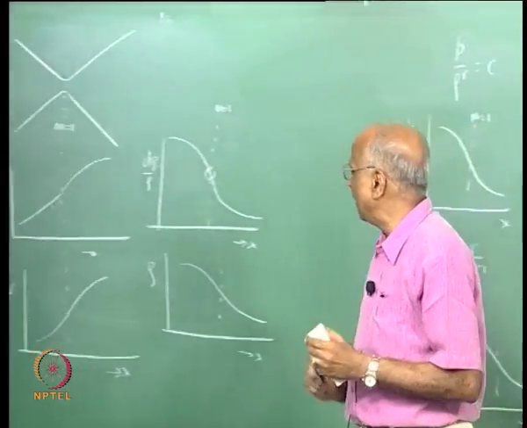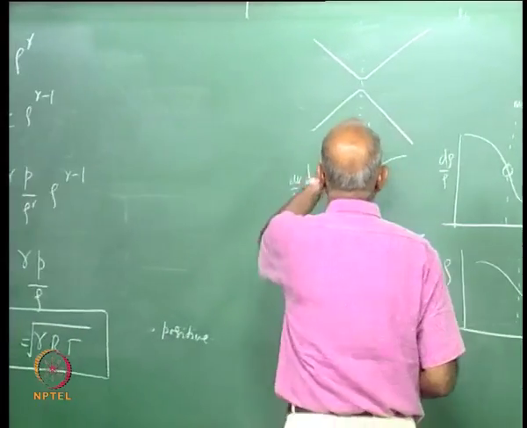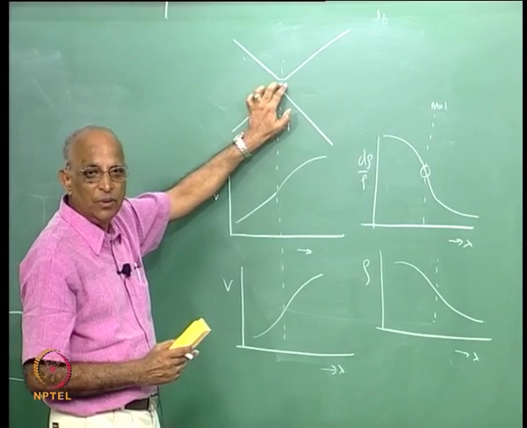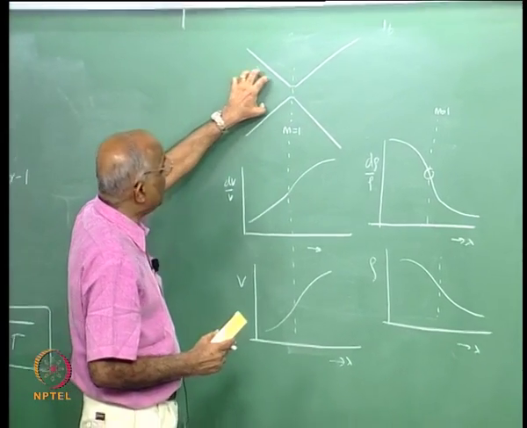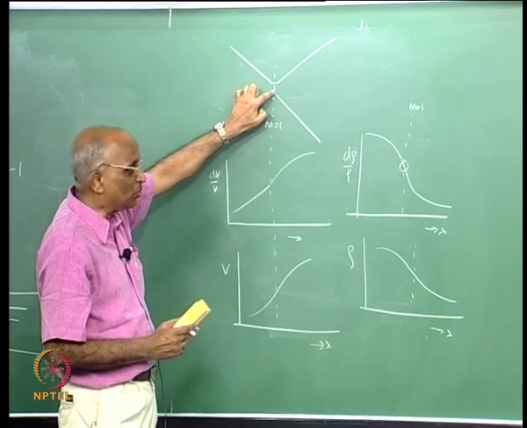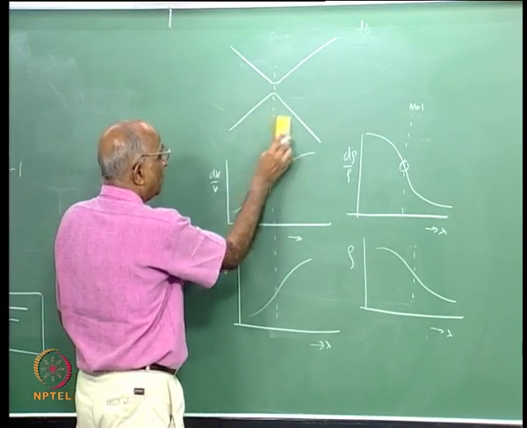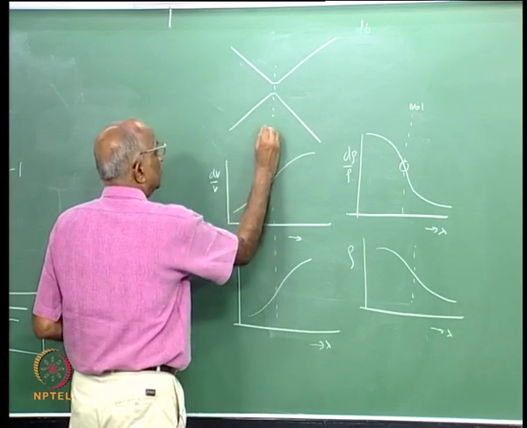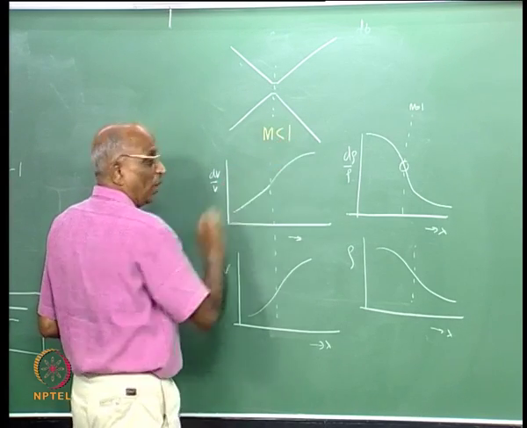If now by chance the Mach number at the throat is not 1, that means I have insufficient pressure over here to give a high jet velocity equal to the sound speed. In other words, let us say the Mach number is less than 1.